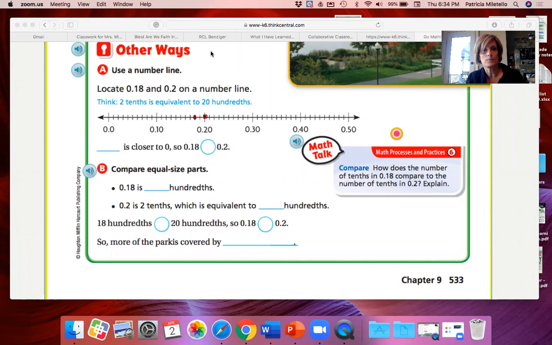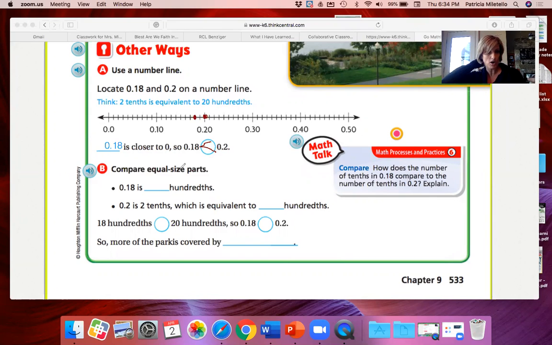So 0.18, which is how you write 18/100, is closer to 0. So 18/100ths is less than 2/10.